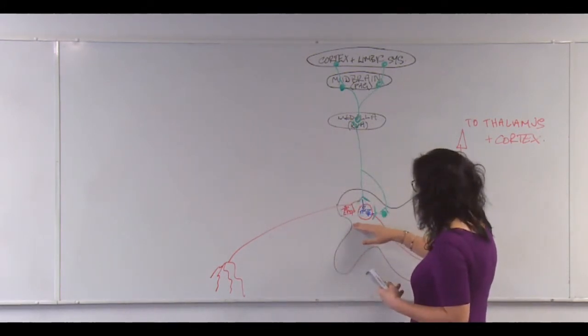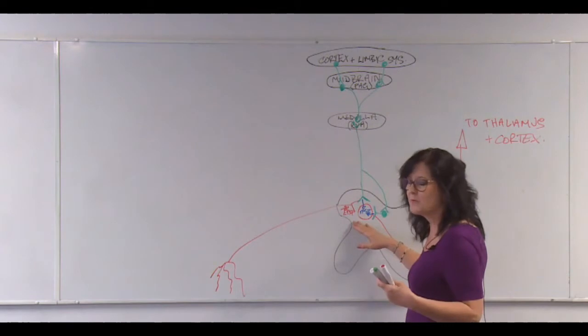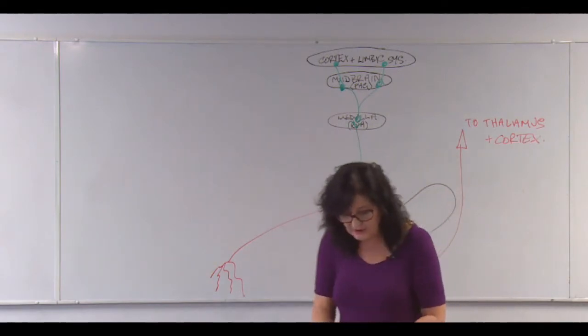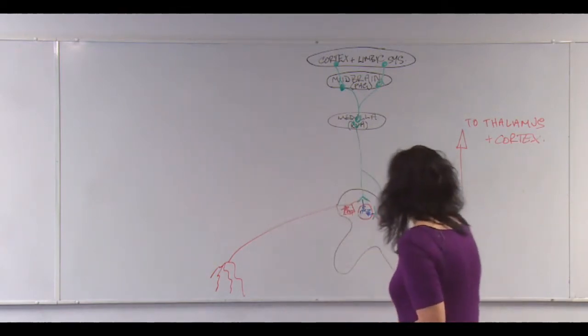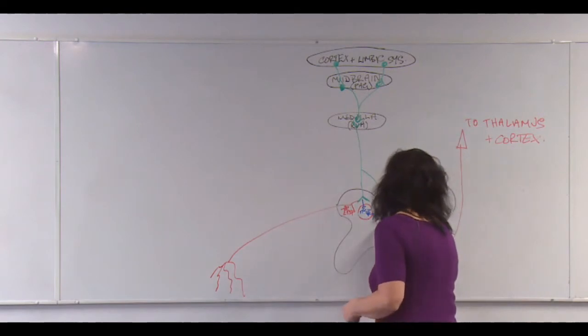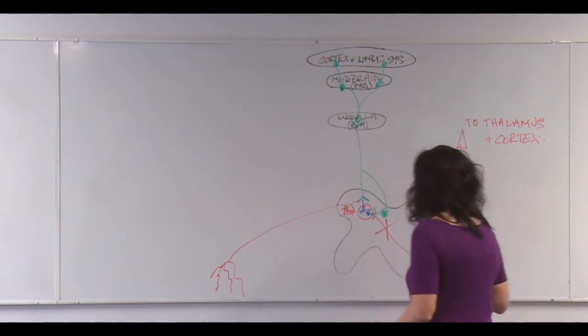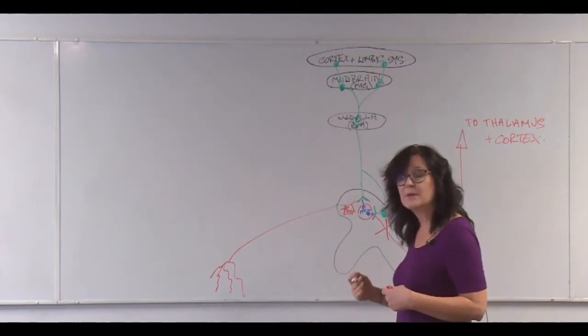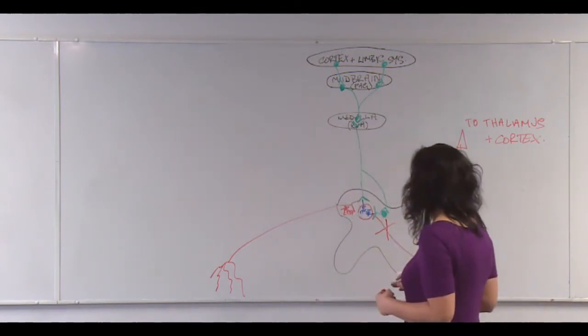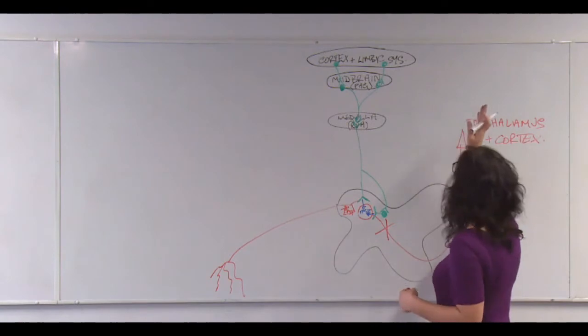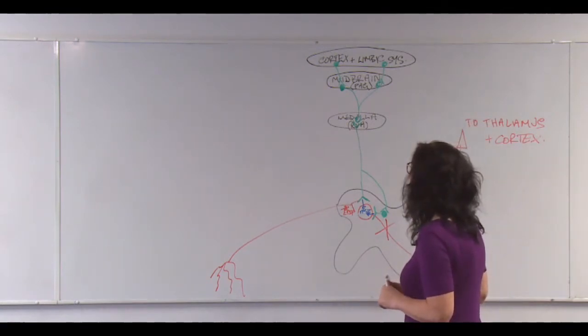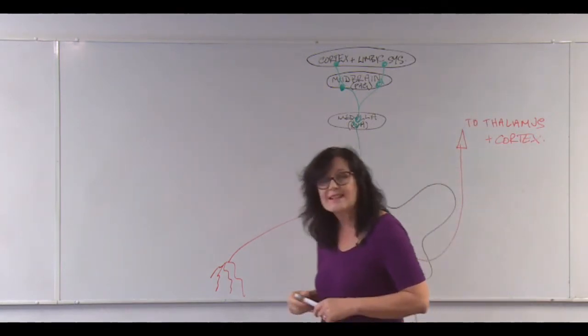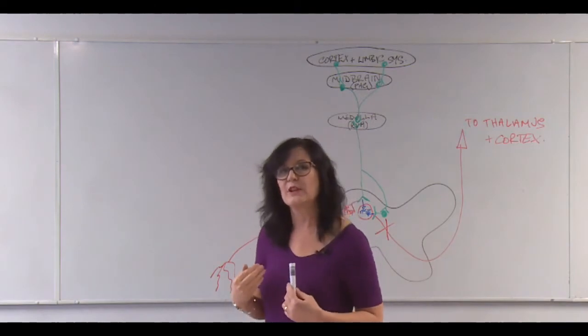But what it does is create IPSPs in our second order afferent. Because it does that, via summation, it's going to block any incoming EPSPs, and we're not going to get an action potential generated to go up to the thalamus and cortex. And that's descending modulation.